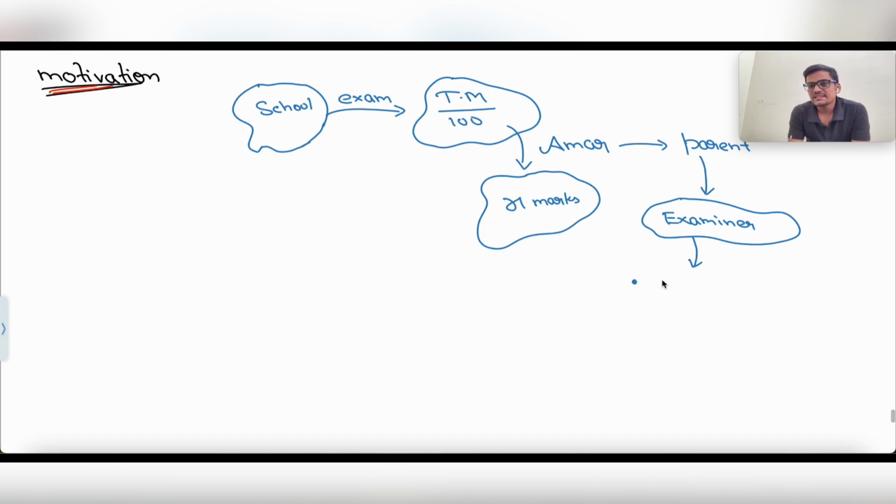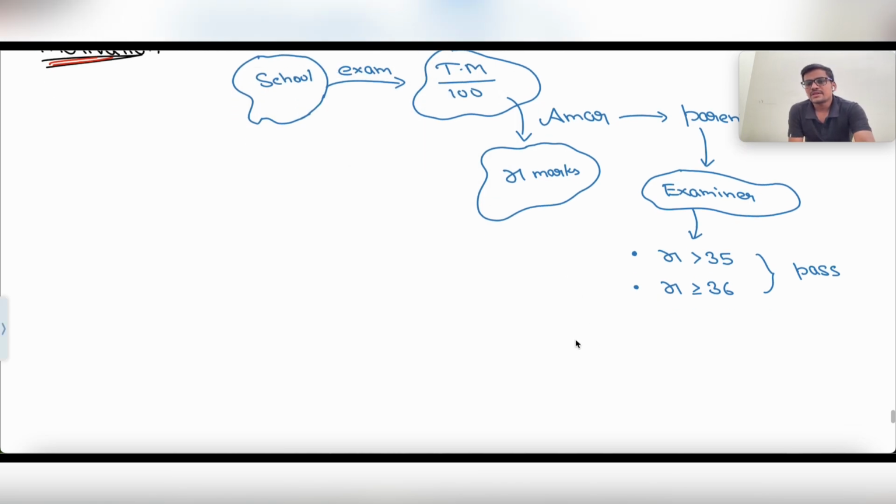He said that if marks is above 35, then your son passes. That means if the marks of Amar, that is X, is greater than 35, then pass. Or instead of writing this, I can write like this: X is greater than or equal to 36, then also pass, right?